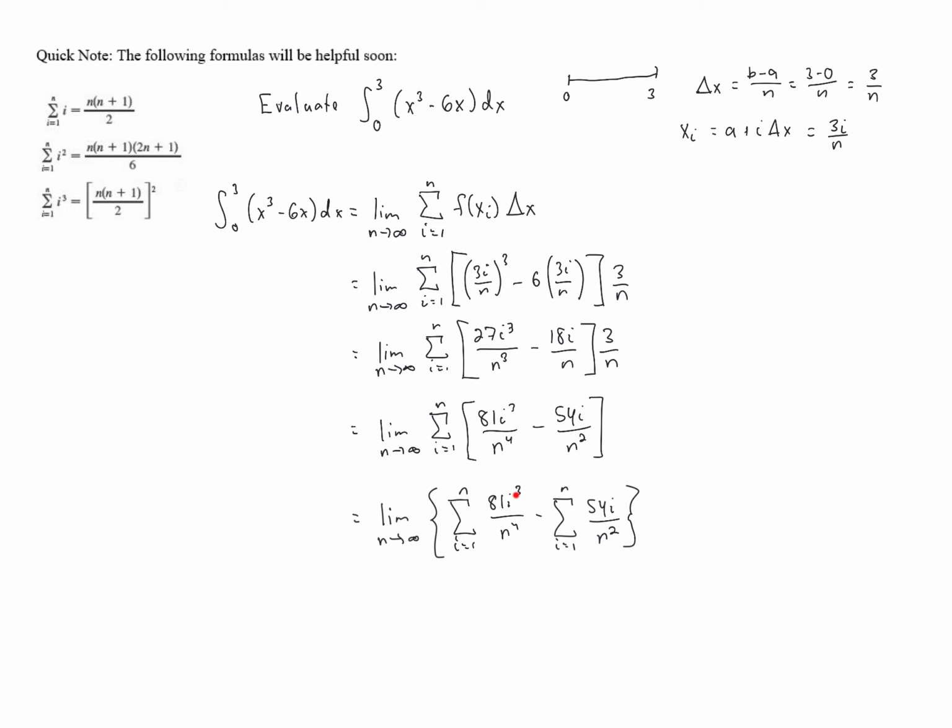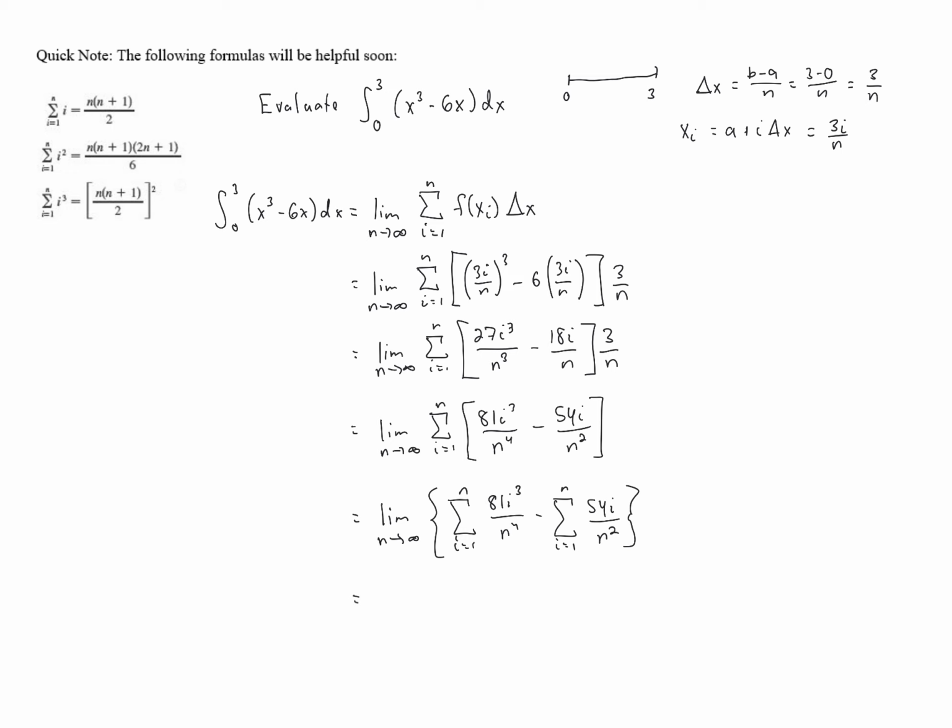In the first term, i is 1, in the next term, i is 2, and then 3, all the way up to n. But in each of those terms, the 81 and the n to the 4th are the same, and so they're effectively a constant that's getting multiplied by i cubed. 81 over n to the 4th, with respect to i as a variable, is a constant, and so we can actually pull those outside of the sum, and the same thing over here with 54 over n squared.